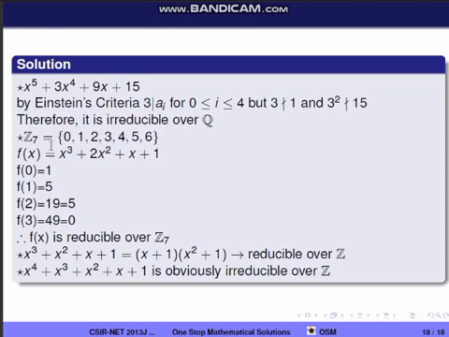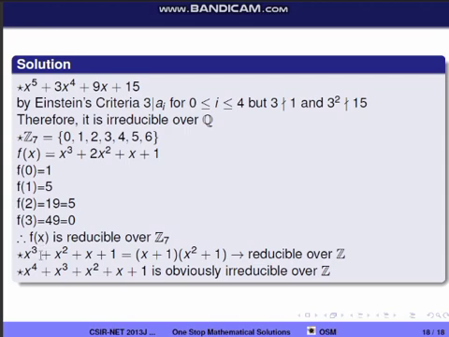So I am just putting the values 0, 1, 2, 3 etc. up to 6. When we put like that, we are getting f of 3 is equal to 49, and 49 modulo 7 is 0. So 3 is a zero of f of x in Z7. Therefore f of x is not irreducible. That is, f of x is reducible over Z7. So the second option cannot happen.